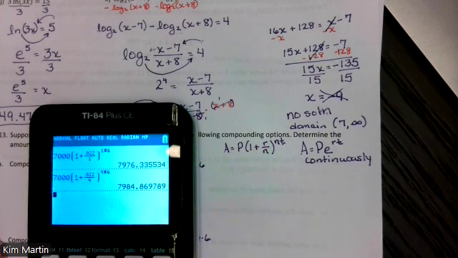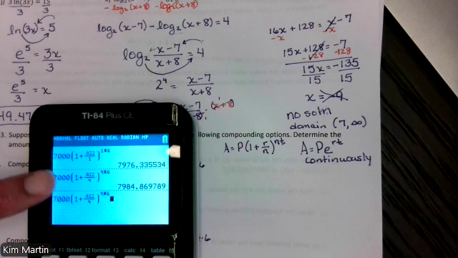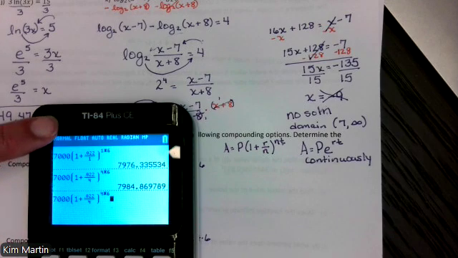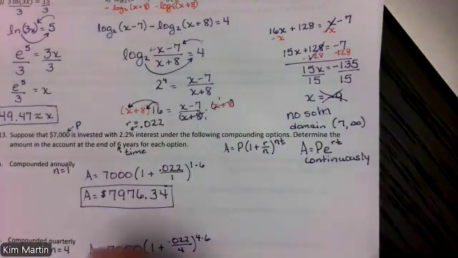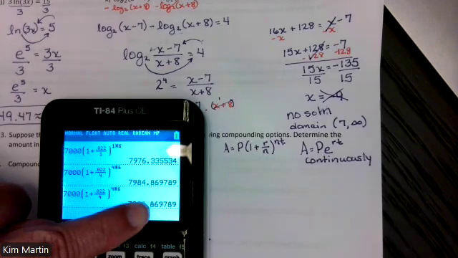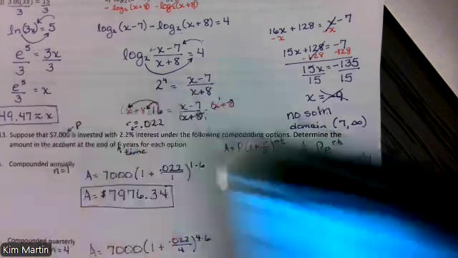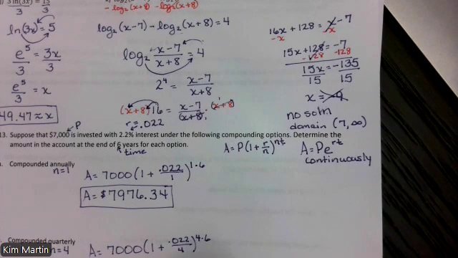If you do not have a calculator where you can scroll up, just hit second enter and it brings up the last one. If I hit it again, it'll bring up that one. If I hit second enter again, it brings up the one before that. All right, so we now have, or would have, $7,984.87 because of that 9. So it becomes 87 cents. Again, money, 2 decimal places.